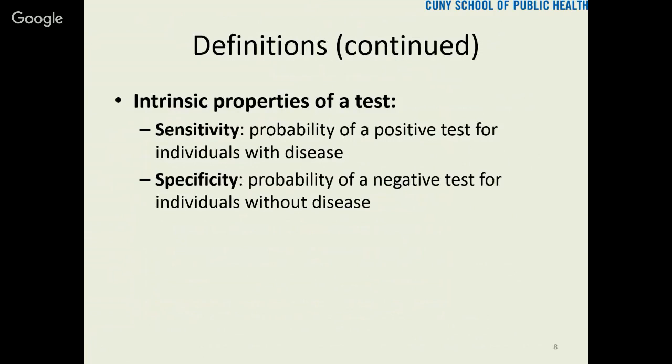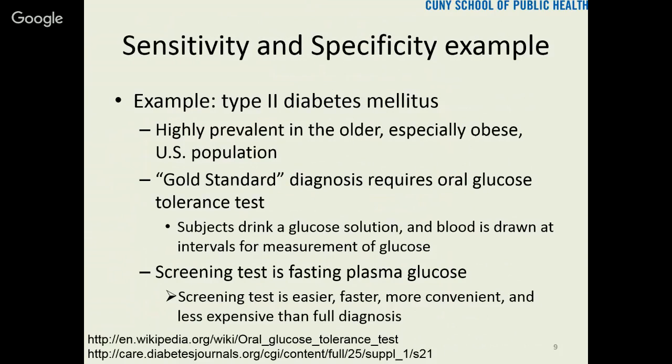So it is on people where it is known from the gold standard whether or not they have the disease. And so I'm calling these intrinsic properties of a test because it does not depend on the population to which it is applied. The properties, unlike positive predictive value and negative predictive values, which are properties of the test applied to the population.